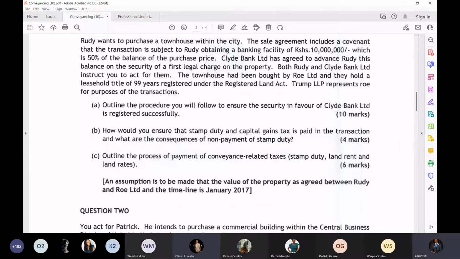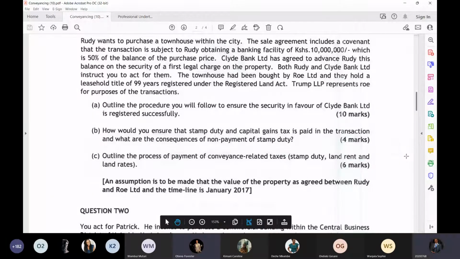So for the charge, we'll calculate it as 0.2% of the bank facility. Is it 0.1 or 0.2? 0.1.